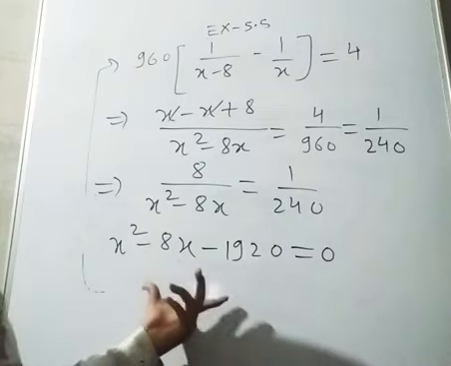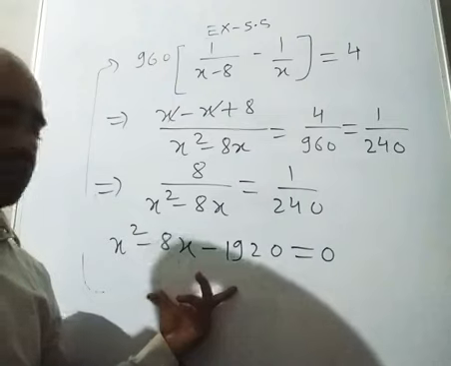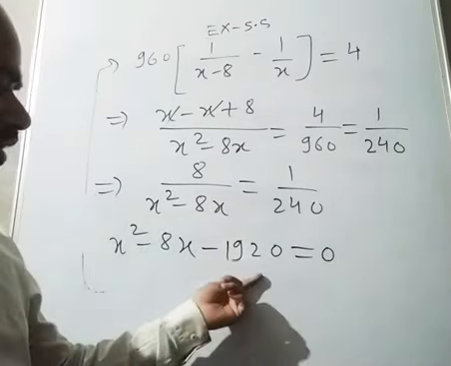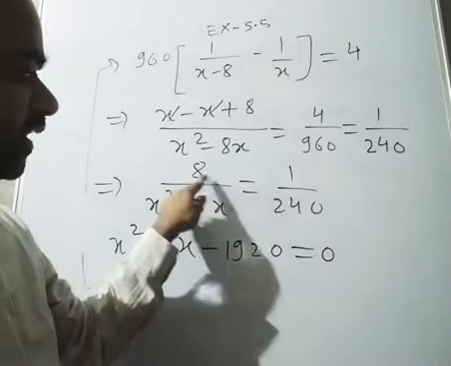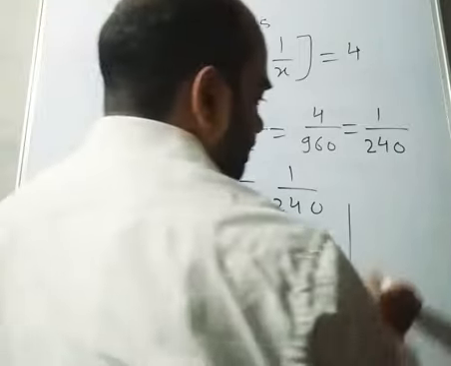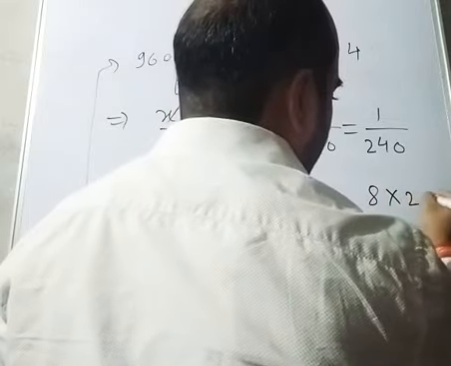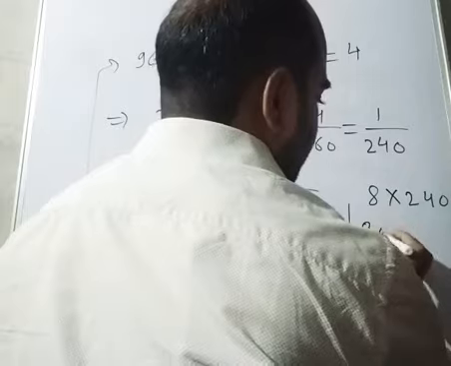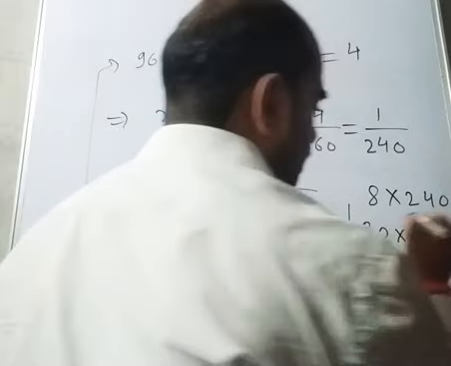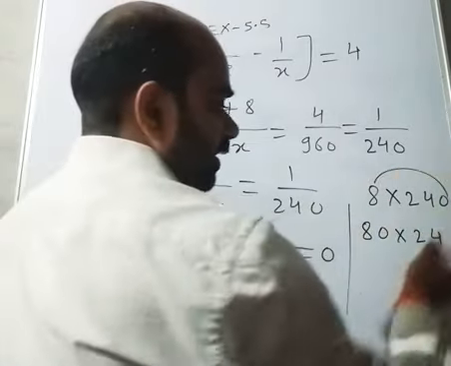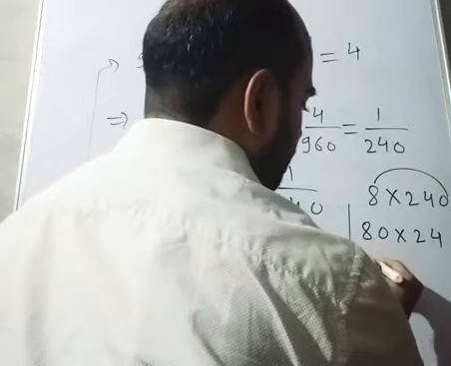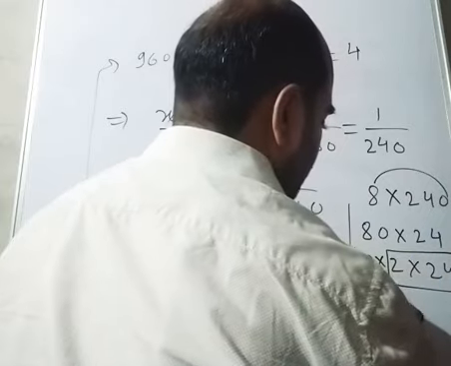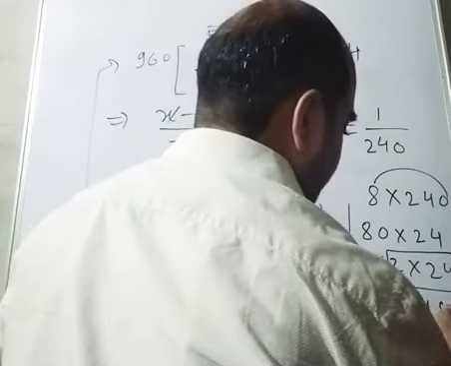This is the final equation. Now you have to factorize. Now you can see the product is 1920. It means the product is 8 into 240. Then we can write 80 into 24. Correct? 80 can be written as 40 into 2 into 24. It means 40 and 48.